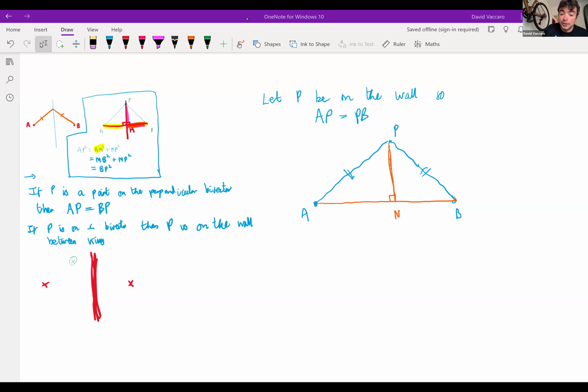So what I'm going to do now is say that this distance AN, which is this distance along the bottom, AN squared, by Pythagoras, is AP squared minus NP squared. But now I can use the fact that I've got isosceles triangles.